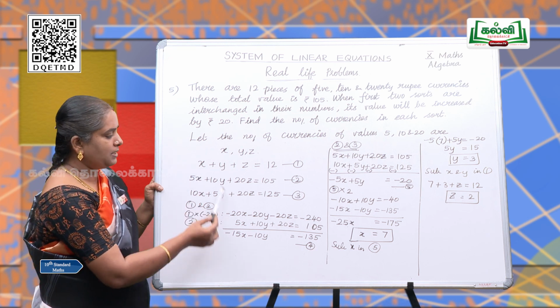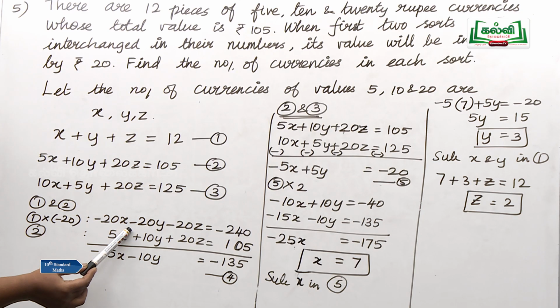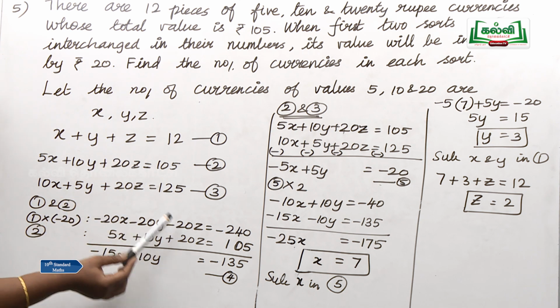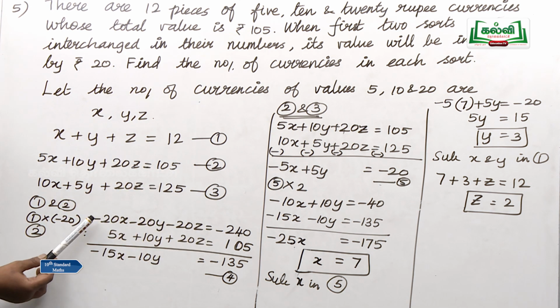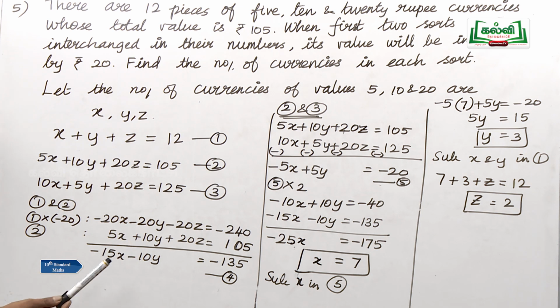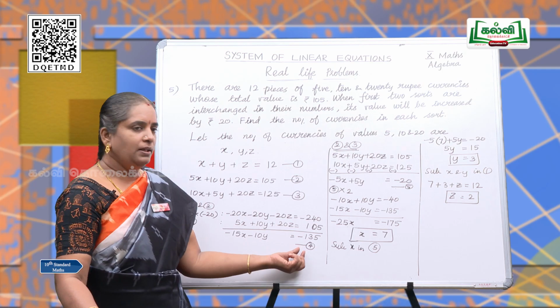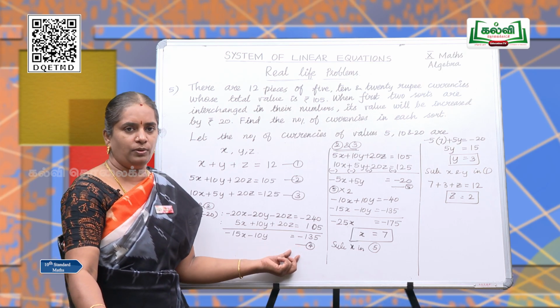It becomes minus 20x minus 20y minus 20z equals minus 240. Adding, we get minus 15x minus 10y equals minus 135. We name this our fourth equation.